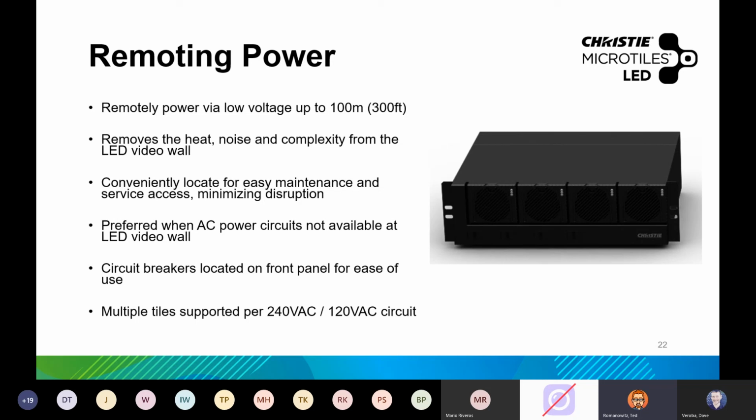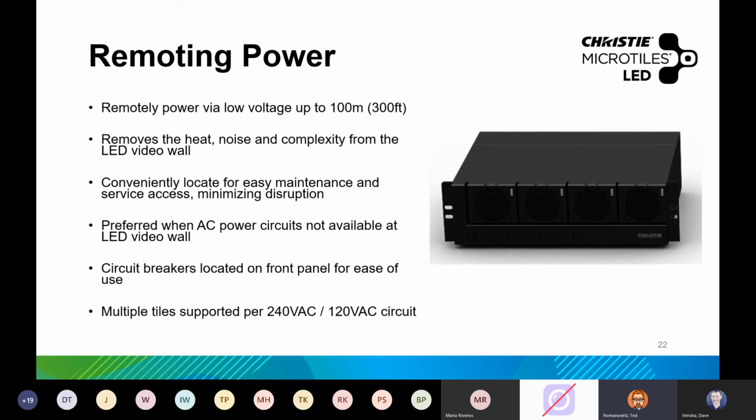For example, our remote power supplies can be located up to 100 meters, or over 300 feet, from the wall. They're telecom grade, with N+1 reliability, automatic failover, and hot swappability. So these are really preferred when there's no power circuits at the wall, as is the case in many situations.